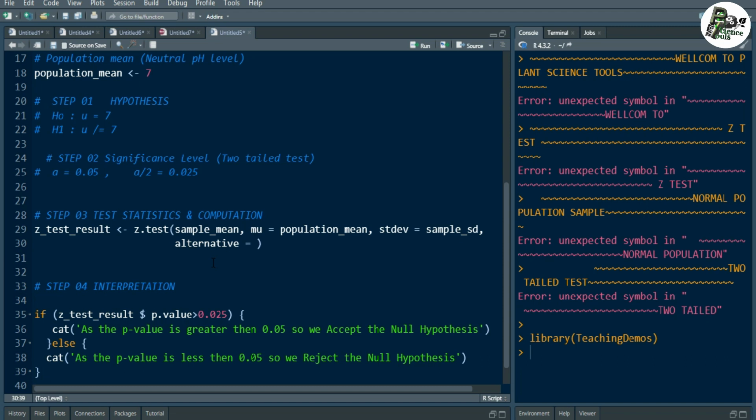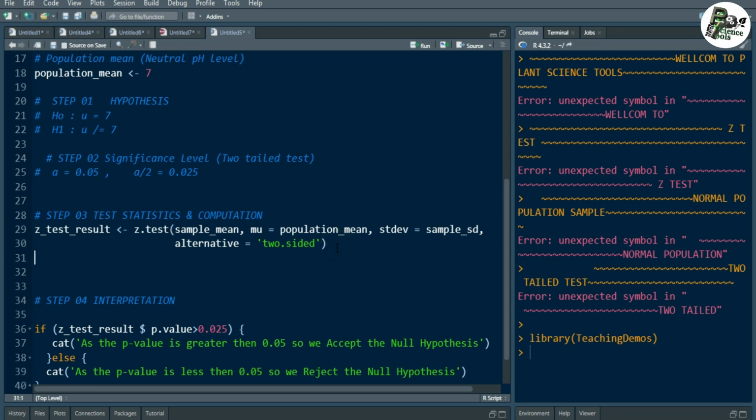As this test is a two-tailed test, I will write here two-sided, but we need to write it like this: two.sided. In this way you can write your code, and then we need to print it with the help of the z.test result.